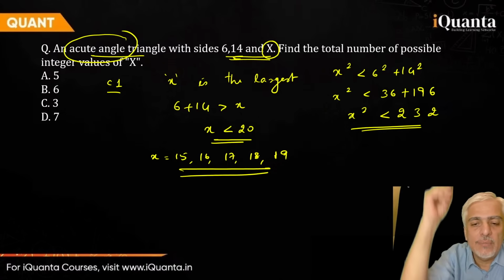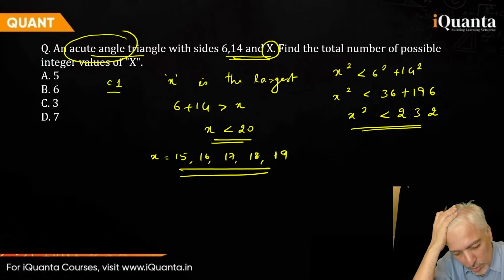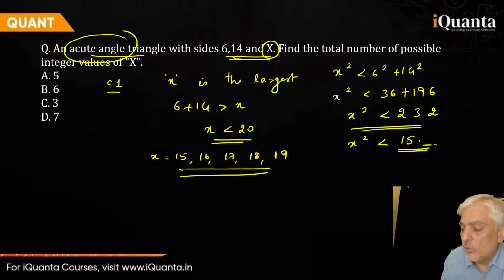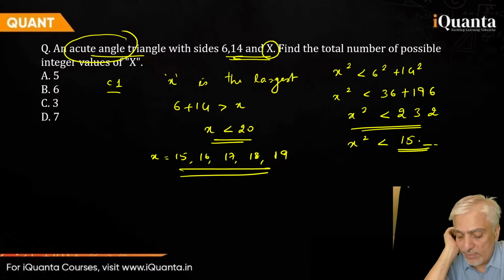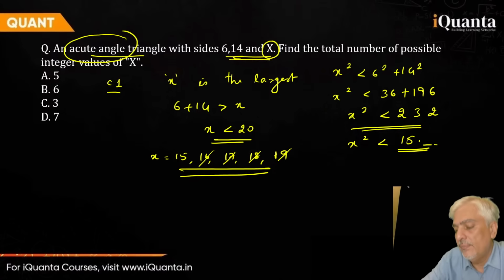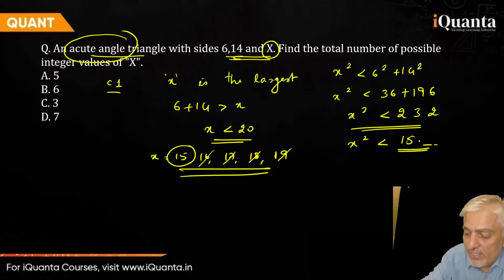How much is approximate square root of 232? More than 15, less than 16. So x is less than 15 point something something. So less than 15 point something, only one case possible. Out of this, only one case possible. All these cases not possible. So right now we got only one case.